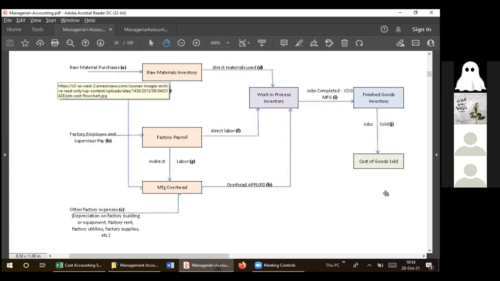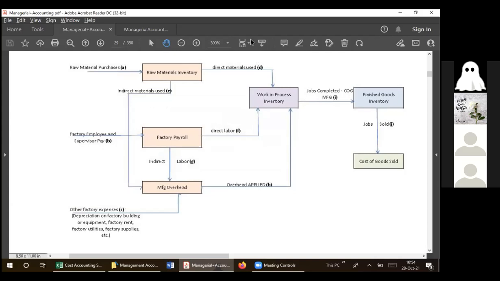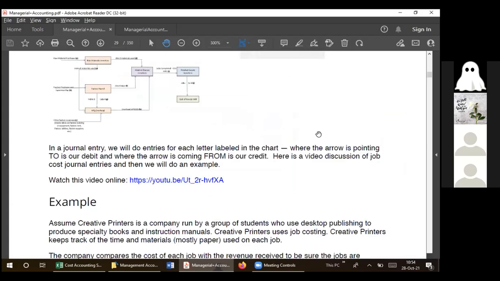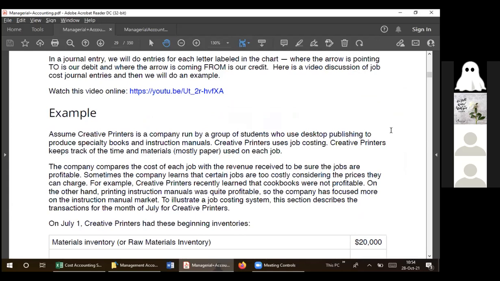So we get the finished inventory that gives us a cost for that inventory, which is what we did before. When we do journal entries for that, we do entries for each letter labeled in the chart. Where the arrow is pointing to is our debit, and where the arrow is coming from is our credit.